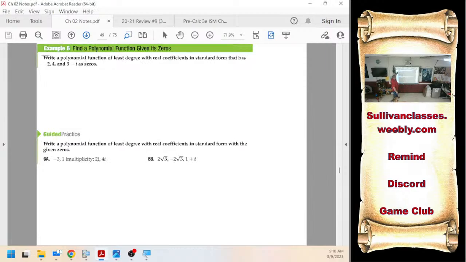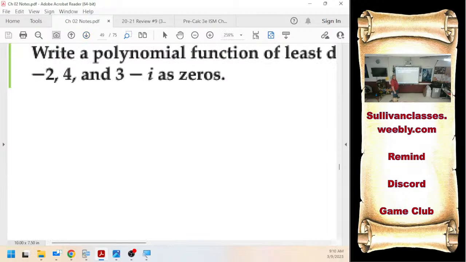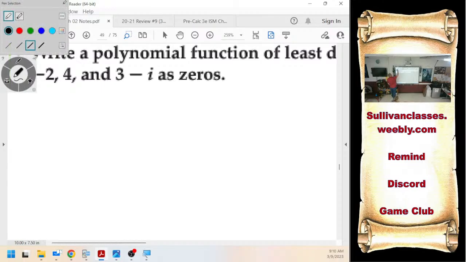So, write a polynomial. Y'all probably remember this from algebra 2. Write a polynomial that has these zeros. So, if negative 2 is one of my zeros, what's the factor that made it? You don't have to write this line.